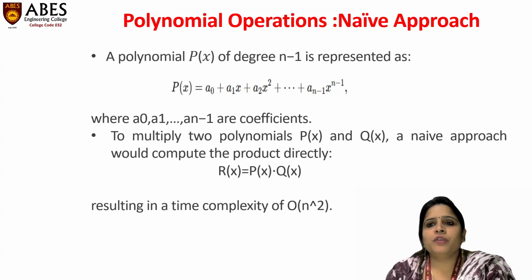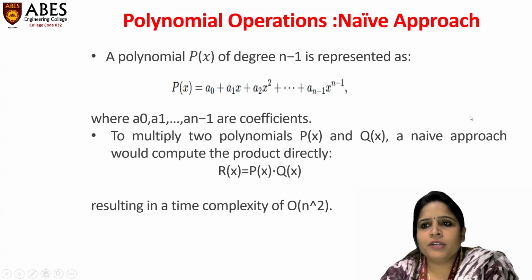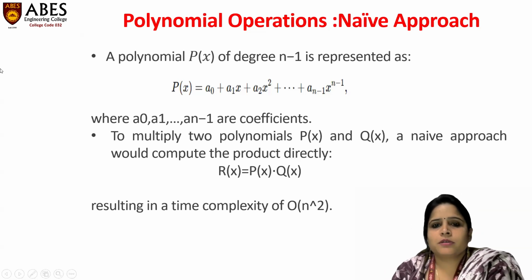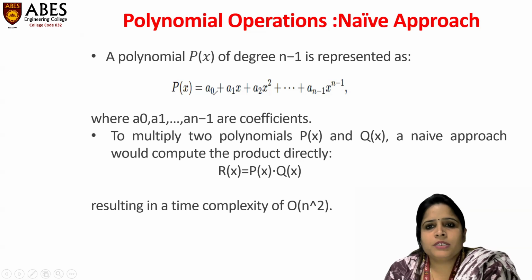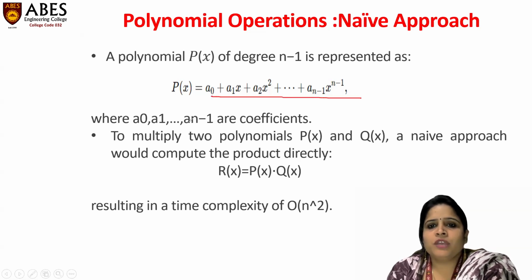If I want to evaluate the polynomial expression P of x, here P of x is equal to a0 plus a1x plus a2x square plus and so on up to an x raised to the power n, where a0, a1, up to an are the coefficients of the polynomial. If I want to multiply these two polynomials P of x and Q of x, a naive approach would compute the product R of x is equal to P of x into Q of x.